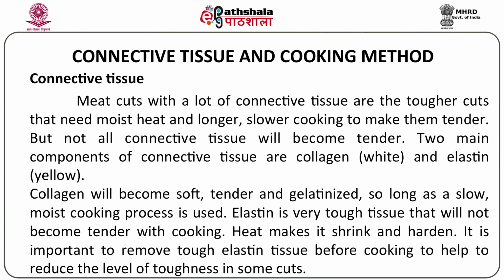Collagen usually becomes soft and tender and gelatinized by the slow moist heat cooking methods, but elastin is a very tough tissue, and it will not become tender under the ordinary temperatures of cooking. Heat will make it shrink and harden. So it is important that we remove the tough elastin tissue before cooking in order to help reduce the level of toughness in some cuts of meat.